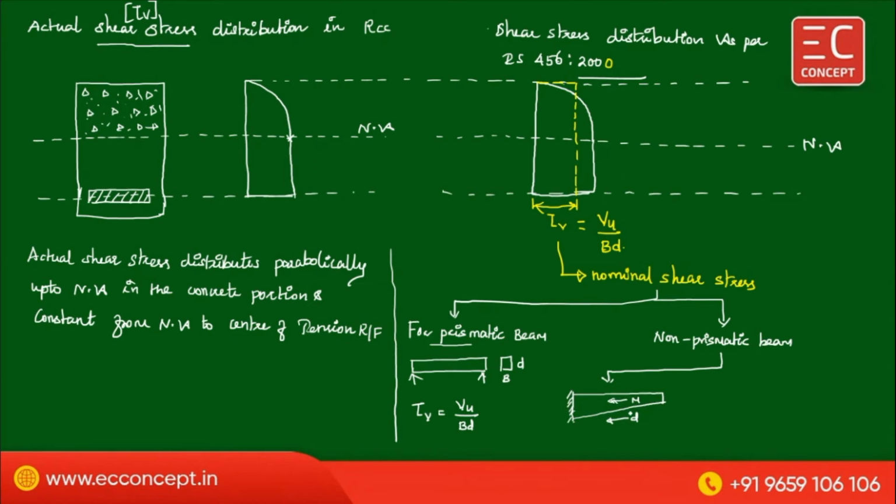If the depth increases towards the increment of moment direction, therefore tau v which is calculated, or tau v which is written as Vu minus ultimate moment divided by the depth into tan beta, the whole divided by b into d.